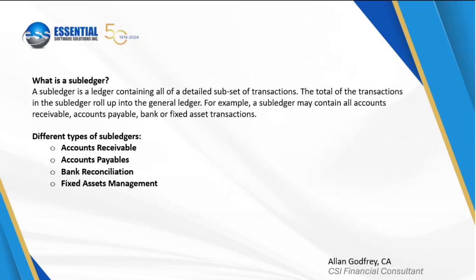Okay, this is what they currently owe, and then there's 1 to 30 days, 31 to 60, and so on and so forth. So basically, in one quick report, you can see exactly who owes you money, and if there's anything in the over 61 days, then you need to start making some phone calls.